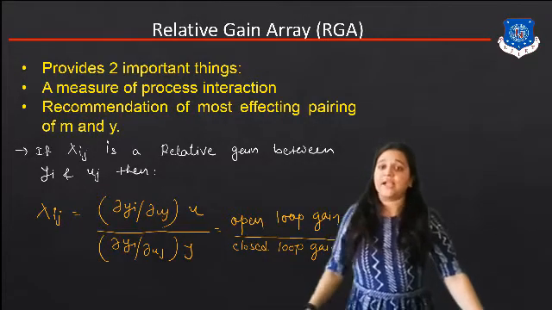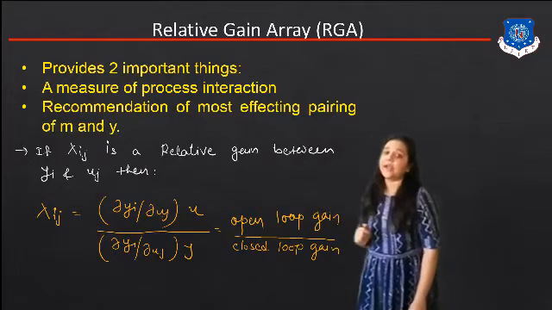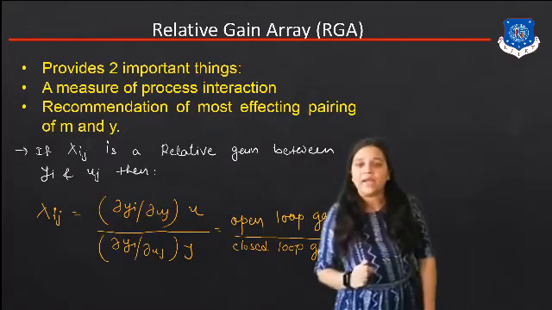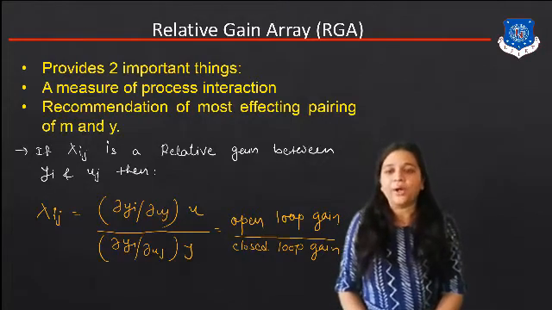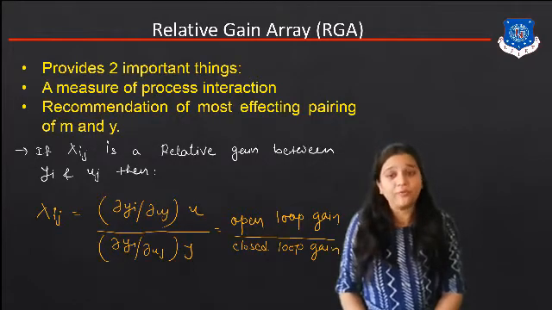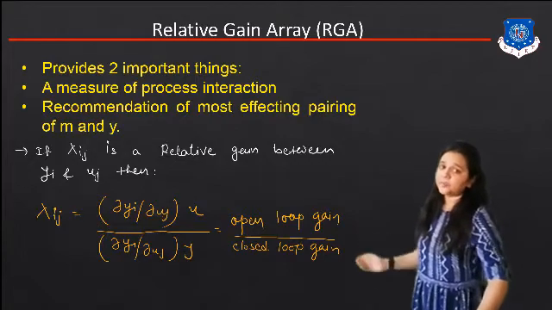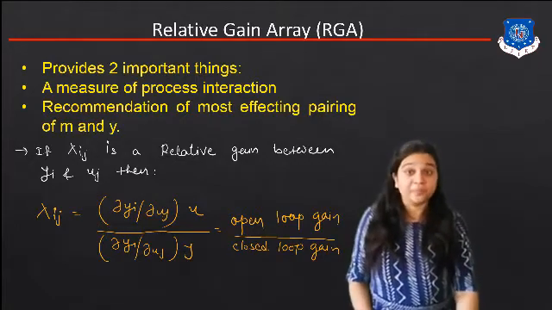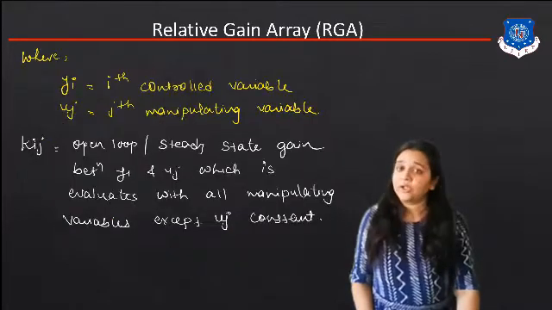What is the exact relative gain? It is lambda ij, equal to del yi upon del uj with u constant, upon del yi upon del uj with y constant. This is my open loop gain and this is my closed loop gain. We have to check the most effective pair for this particular system.